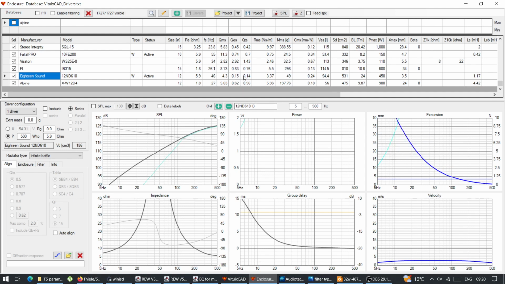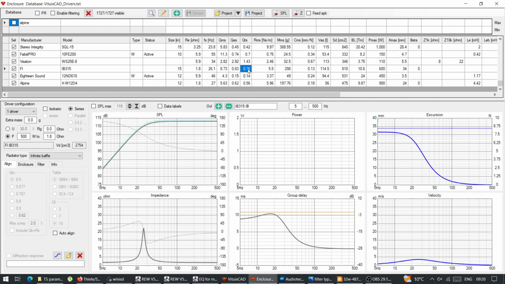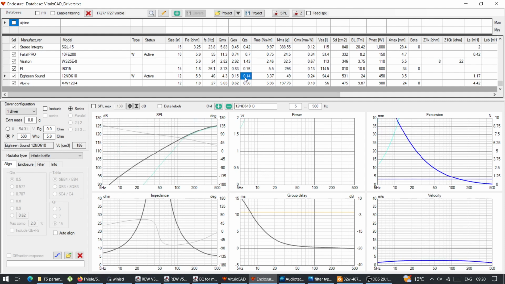So low Q drivers need help managing the excursion. High Q drivers don't need it, because the driver itself acts, as I mentioned, as a crossover. So how can you support this driver from over-excursion? There are a few options.